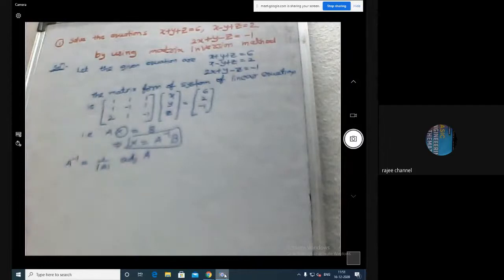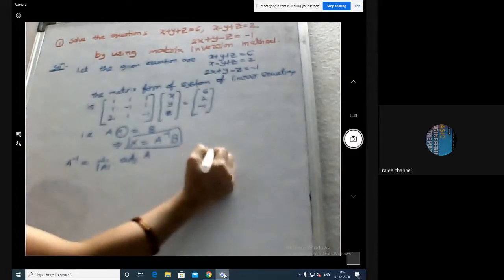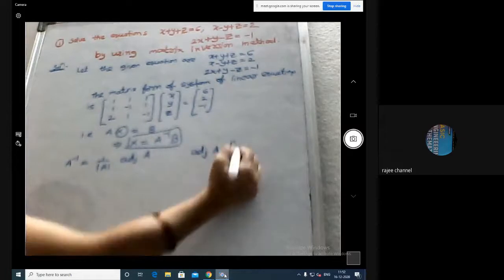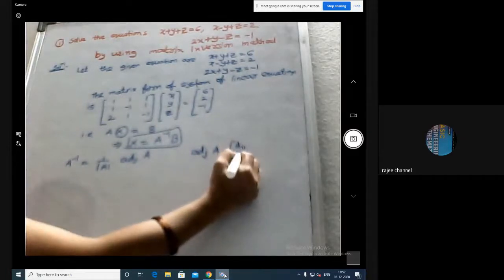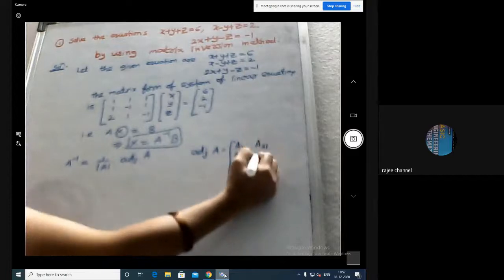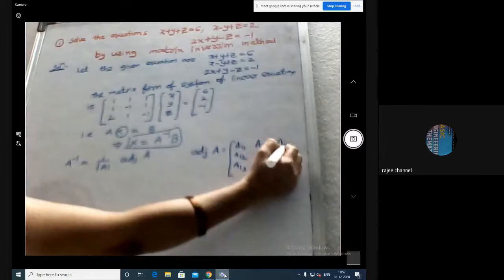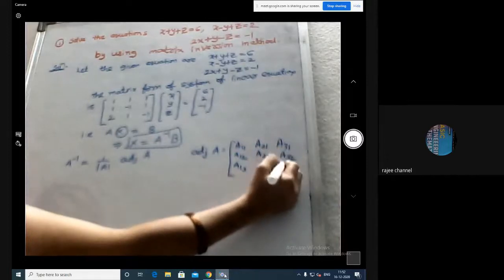For that, first of all, we find the cofactor matrix elements, because adjoint A in matrix form is A11, A12, A13, A21, A22, A23, A31, A32, A33.